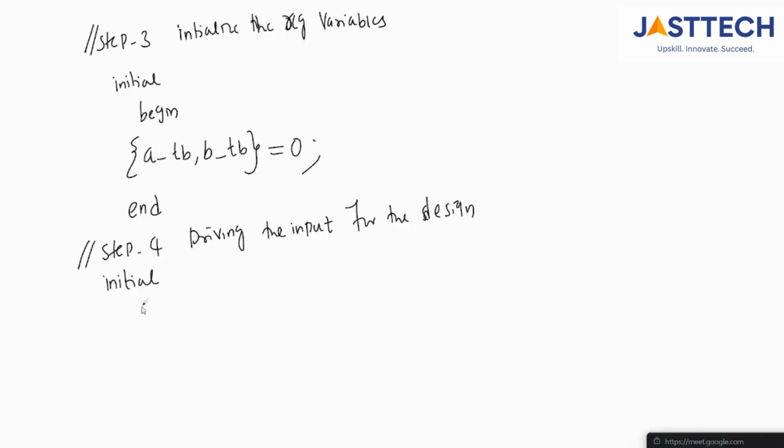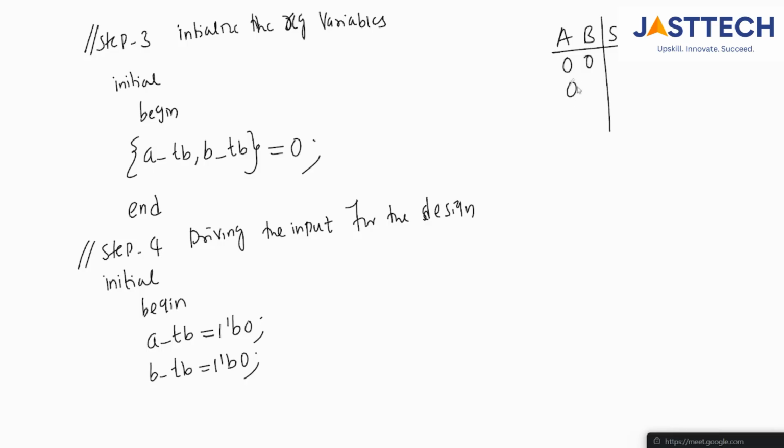Okay, and begin, multiple statements: a underscore tb equal to 1'b0 and b underscore tb equal to 1'b0. You know the truth table for the half adder circuit, we already saw in digital: inputs 00, 01, 10, 11.